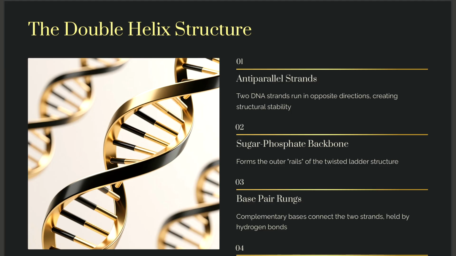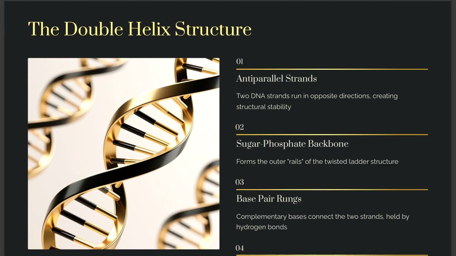Now the double helix structure: DNA is double helical. The two anti-parallel strands of the DNA run in opposite directions, creating structural stability. The second feature is the sugar phosphate backbone, which forms the outer rails of the twisted ladder structure.